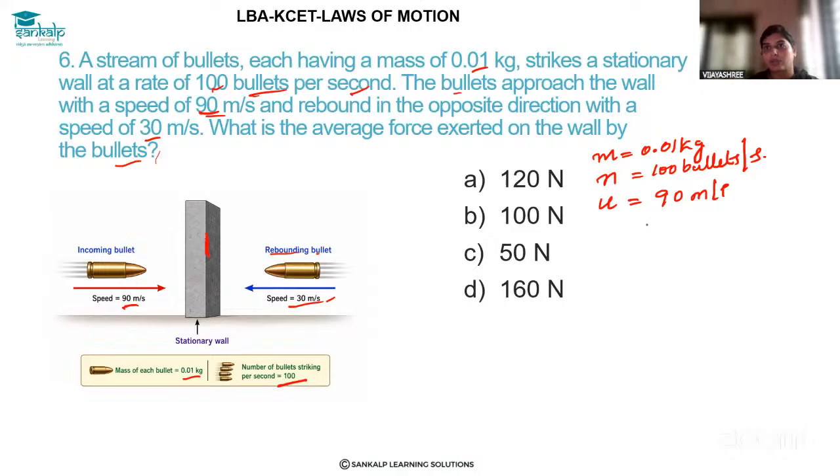So the final velocity is minus 30 meter per second, because the bullets rebound in the opposite direction.